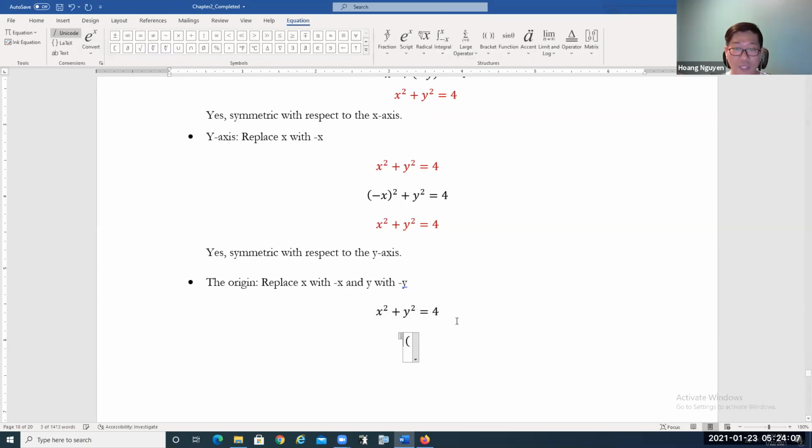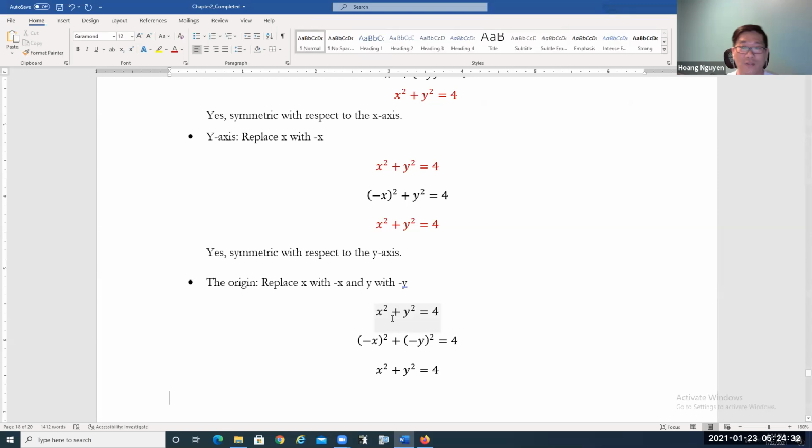Now I'm going to replace x by negative x, and I also replace y by negative y. Whenever you take a negative number raised to an even power, the answer will be positive. So we get x squared plus negative y raised to the power 2, which gives y squared equals 4.